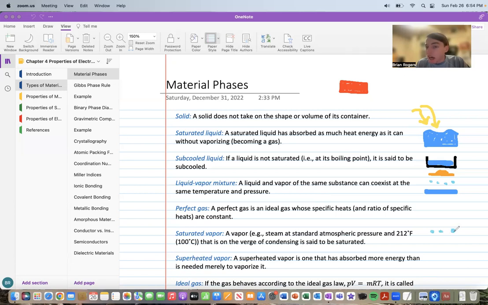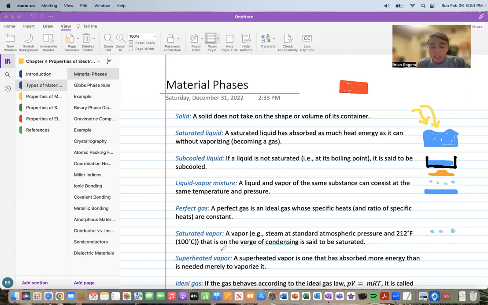So it's in its gaseous stage right now, and it's on the verge of condensing. When it's condensing, that means it's going to turn back into its liquid form. That's what it means to be saturated right now, because it's on the verge of condensing. So that's the term we'll use for that one.